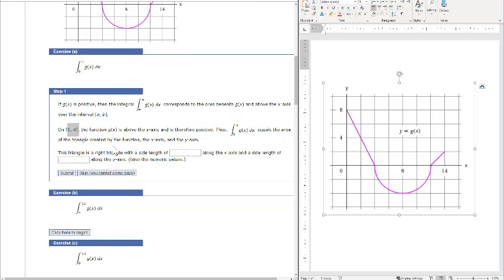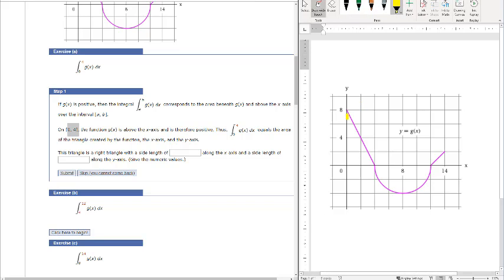And the area is equal to a triangle created by the function. So if we were to shade in this triangle, we would shade in this little area. Let's stay within the lines.